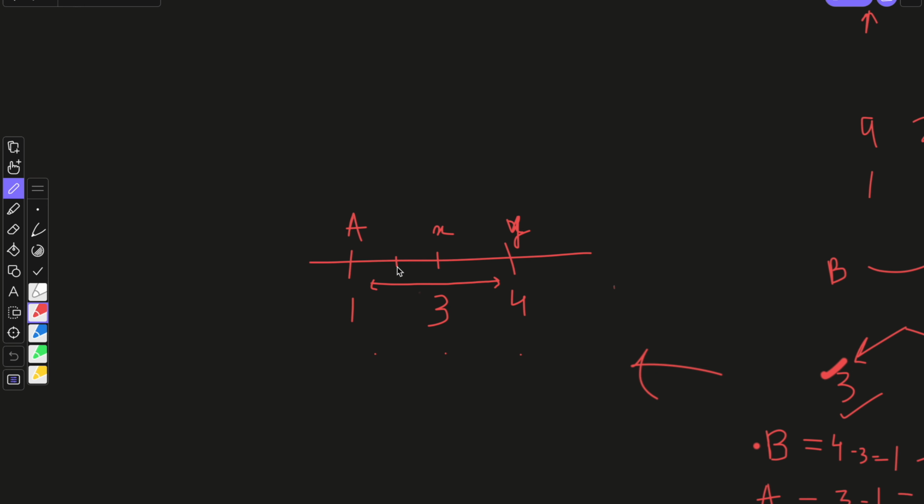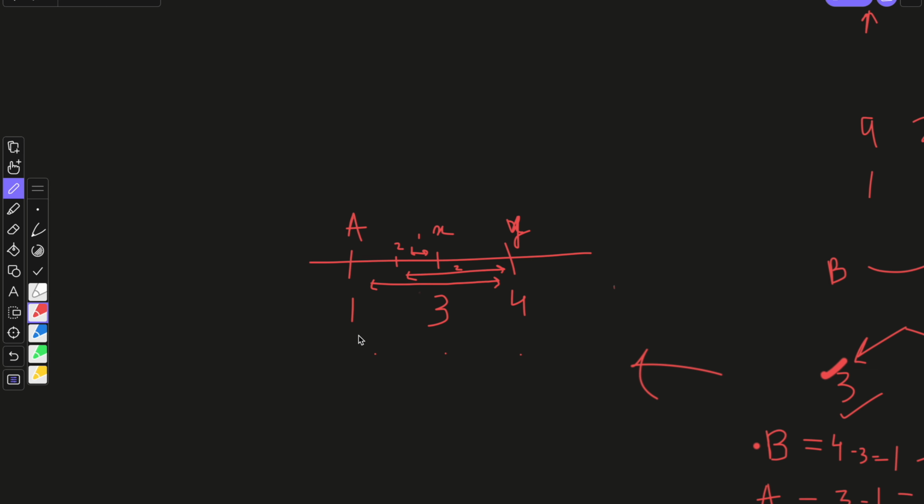So if he chooses 2, he will be closer to X, as this distance will be 1 and this distance will be 2, right? And which is always smaller than Alice's distance.